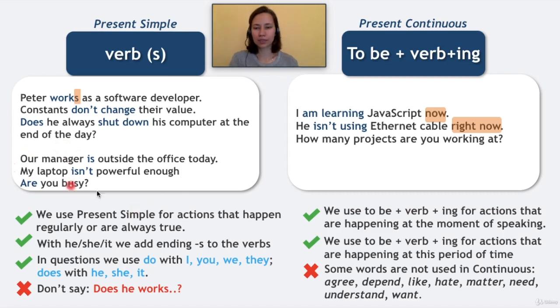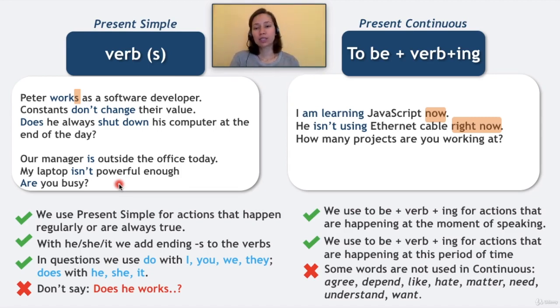And the other three examples here are the following. Our manager is outside the office today. My laptop isn't powerful enough. And are you busy? What's that about? Well, usually when we have just a verb, we add S to the end, or do, does, for negative sentences and questions.